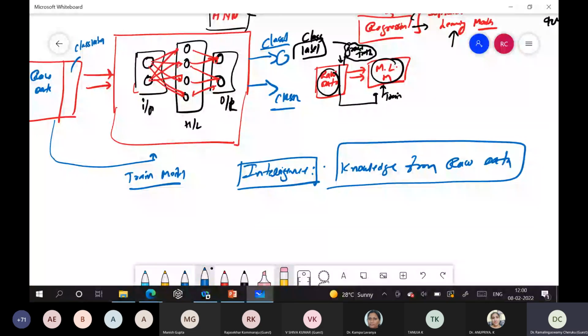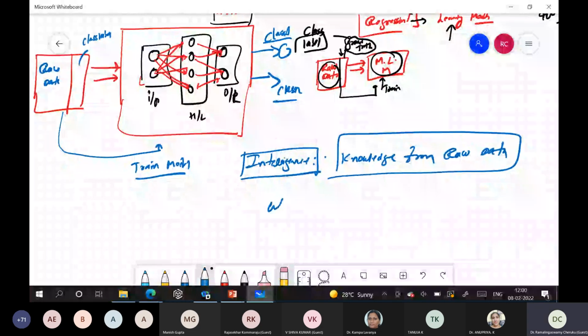To gain the knowledge from raw data, we train the model. That is the idea. I'm assuming that training is finished and my model has learned some knowledge. But where is this knowledge?